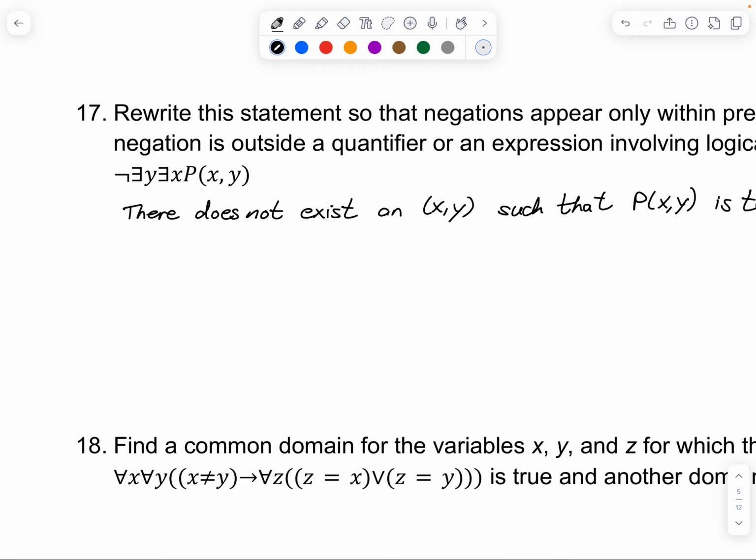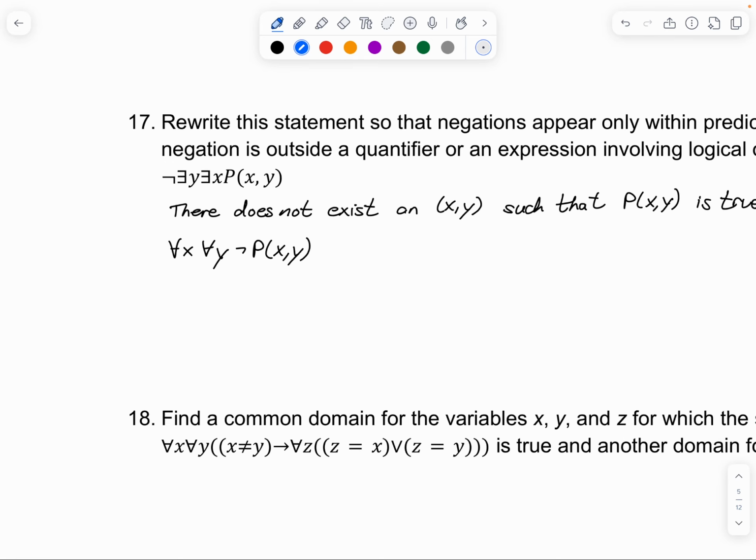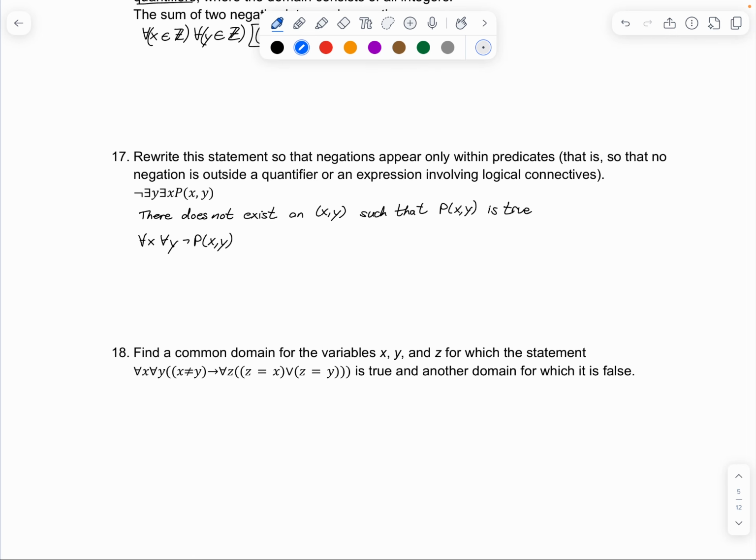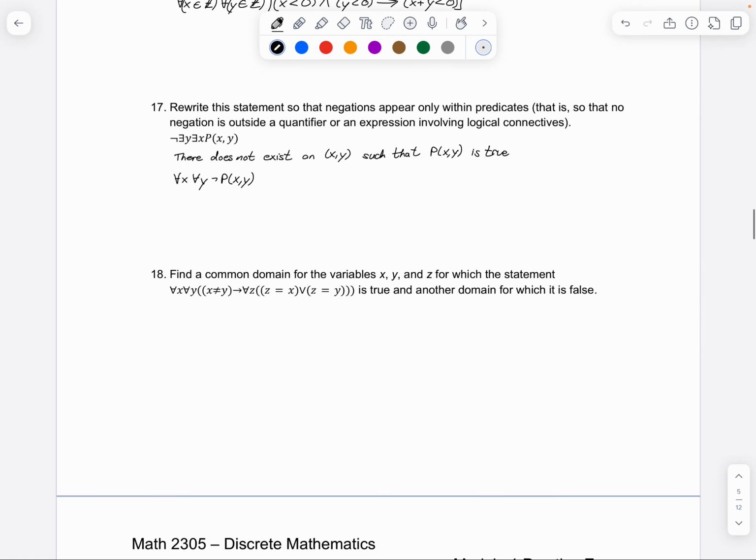So, in other words, for any x that you could possibly pick and any y that you could possibly pick, this is not true. As you move negatives inside quantifiers, there exists becomes for any, and for any becomes there exists. So that's really the answer that it's looking for. You could do this one step at a time, but the main point is when you move the negatives inside, it switches.